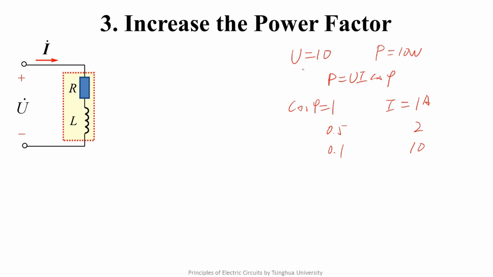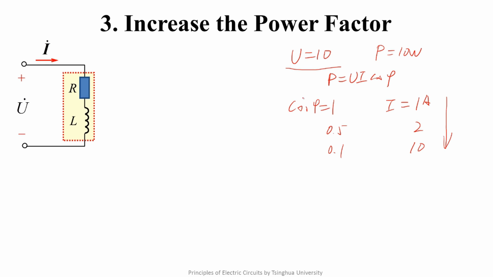For the power supply, its port voltage needs to be kept as 10 volts. It needs to provide different current under different power factors. So we define that the apparent power is the product of voltage and current from the power supply side. That is to say, apparent power S represents the capability of providing power of power supplies.